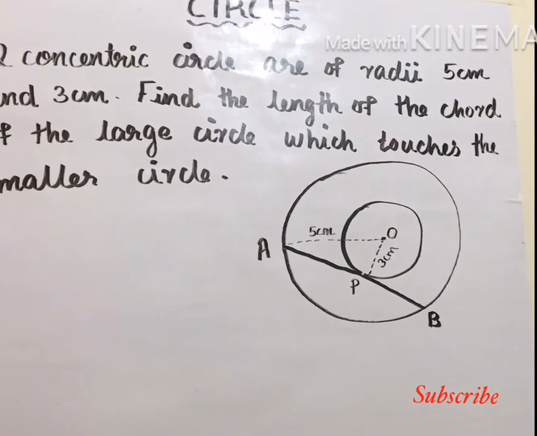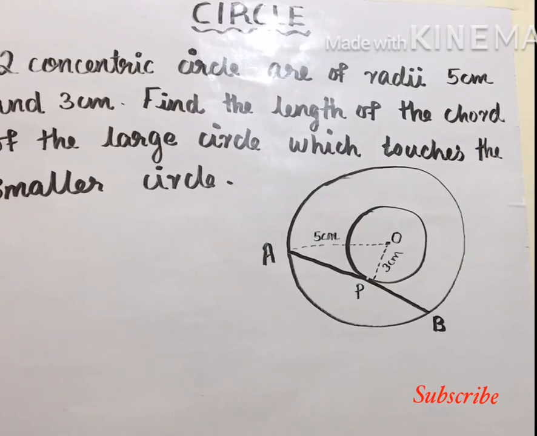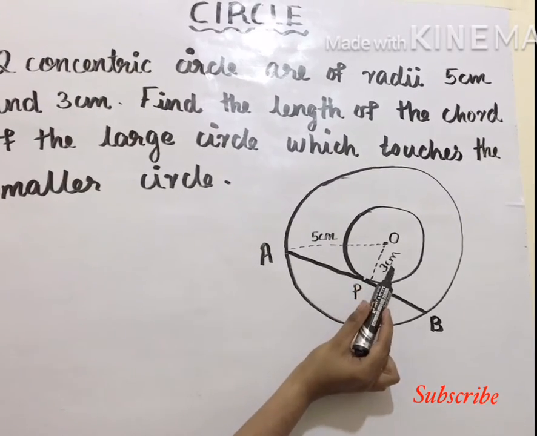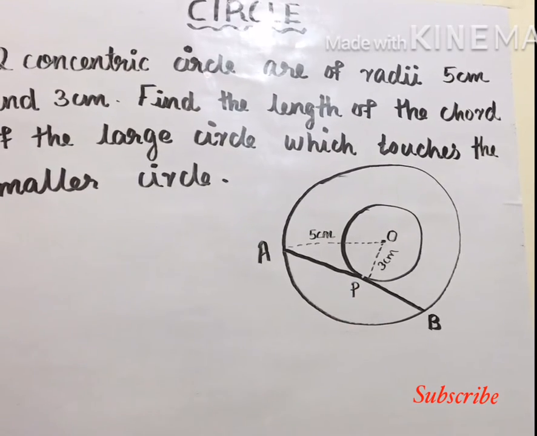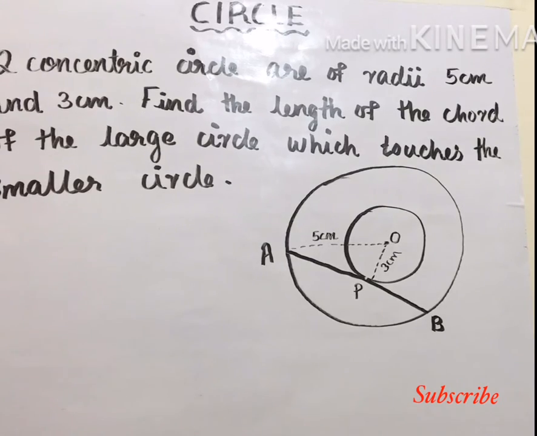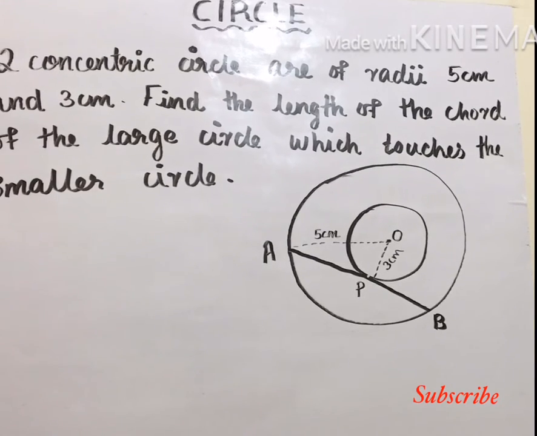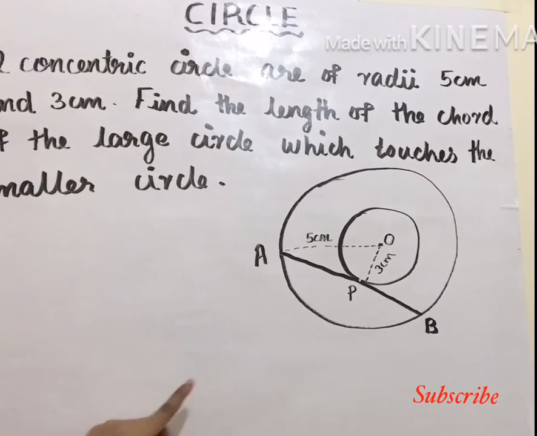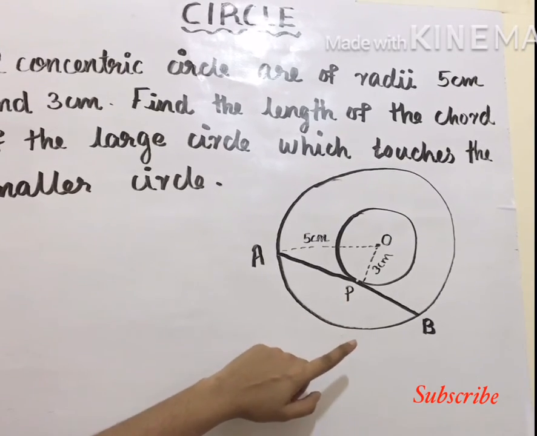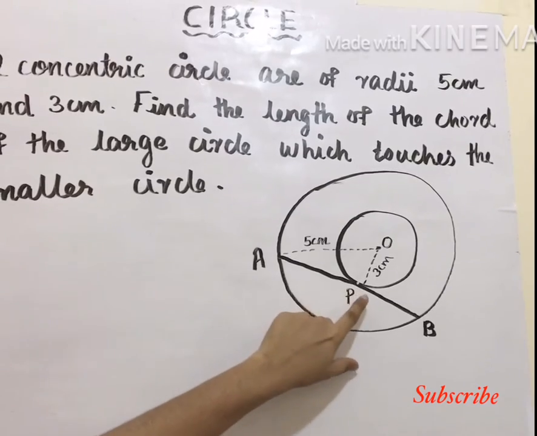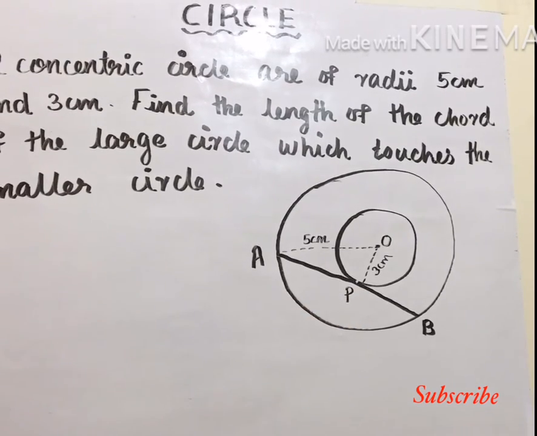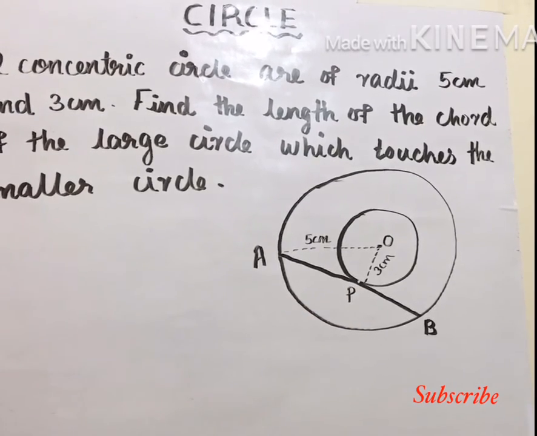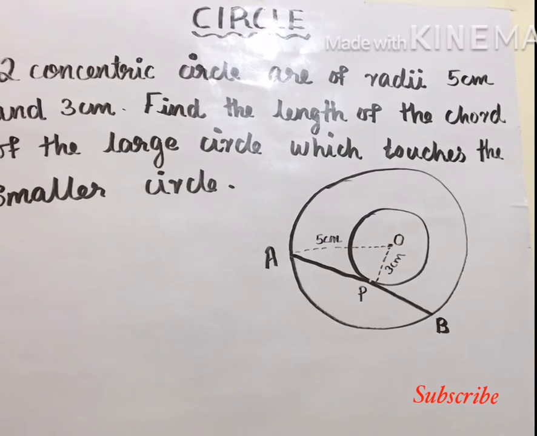So we can write, here AB is the tangent to the smallest circle at the point P. Therefore OP is perpendicular to AB.